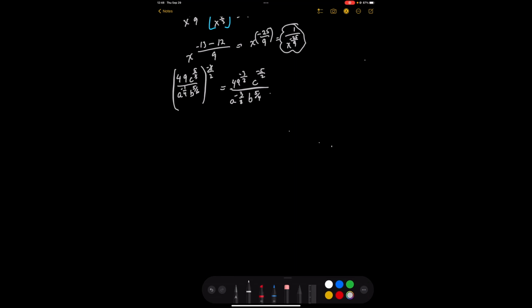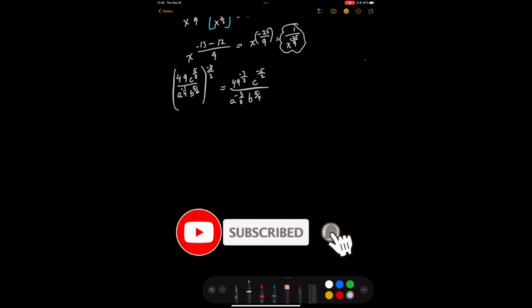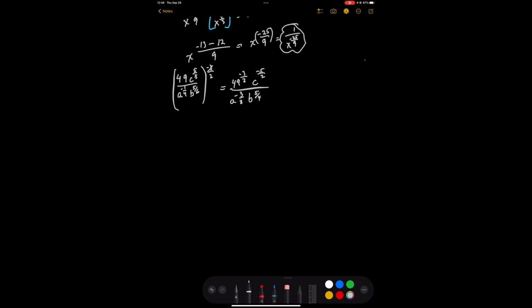So basically what I did was I just multiplied the negative 3 halves by everything inside of the parentheses. Now, what can I do?